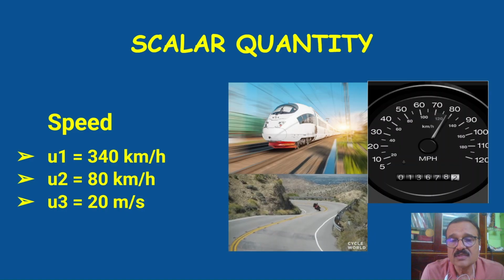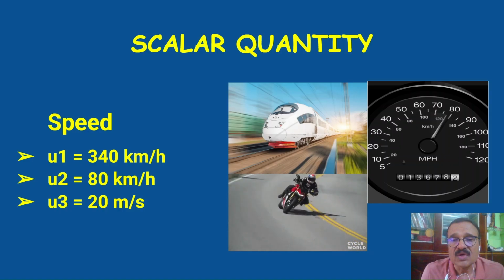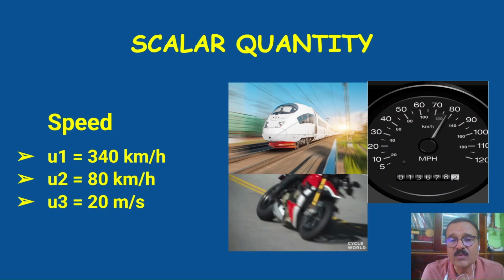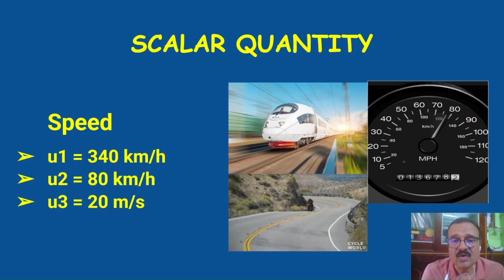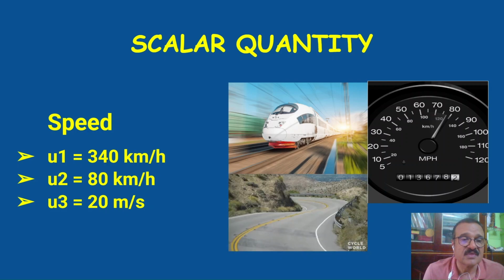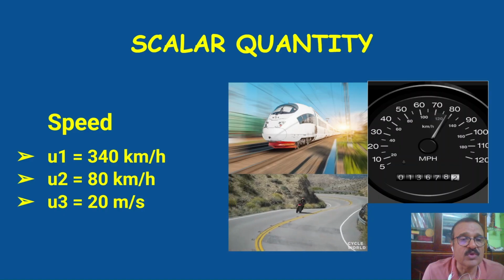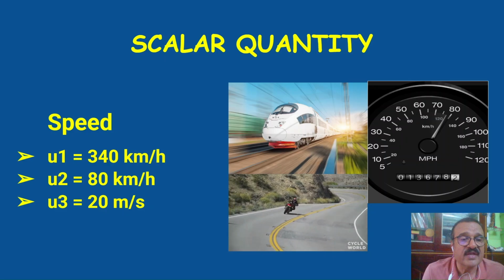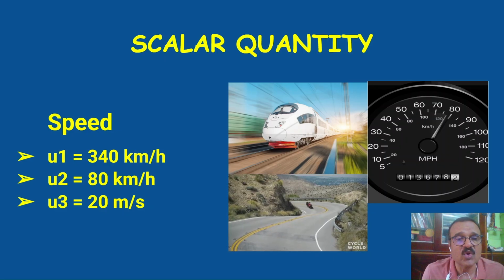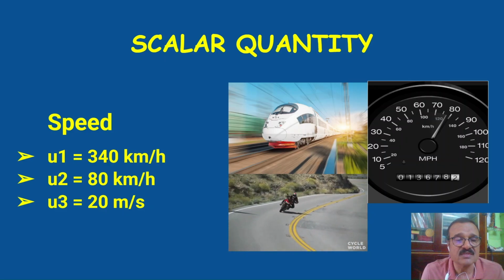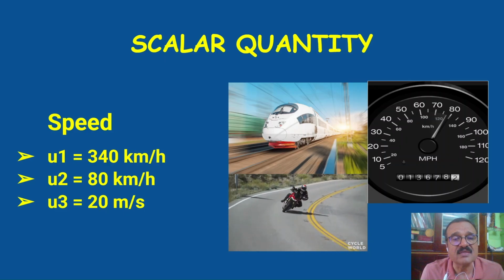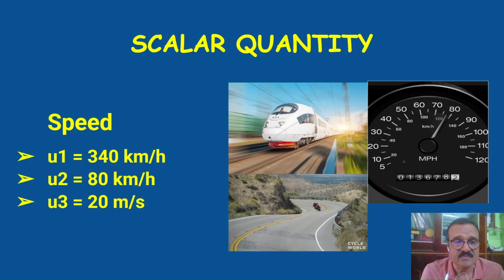In the GIF, we see a biker driving a bike at a very high speed on a curved path. The speed U2 can be 80 km per hour. Here 80 is the magnitude and kilometer per hour is the unit, and U3 is 20 meters per second.